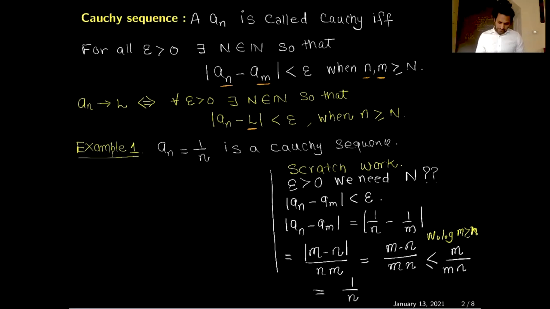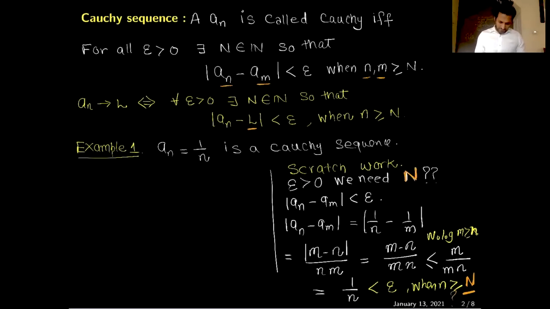Now, I can use the second part of the Archimedean property to make this less than or equal to epsilon when n is bigger than or equal to capital N. That capital N is coming from the Archimedean property, which says that for every positive real number epsilon, you can find a capital N so that 1 over n is less than or equal to that real number when n is greater than or equal to N. So this N is basically what we needed to find, and we found it here.